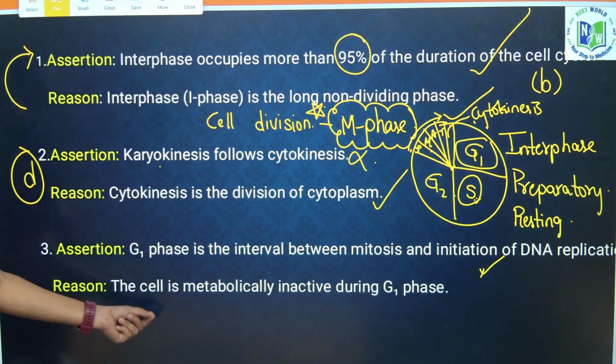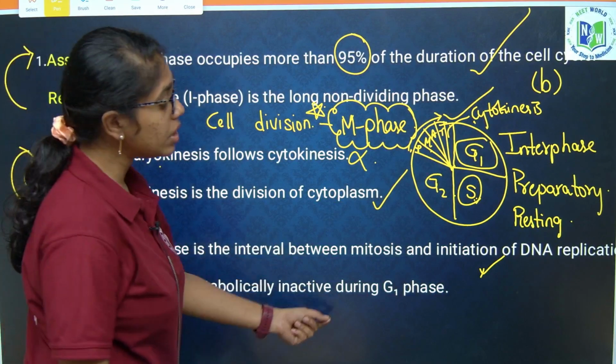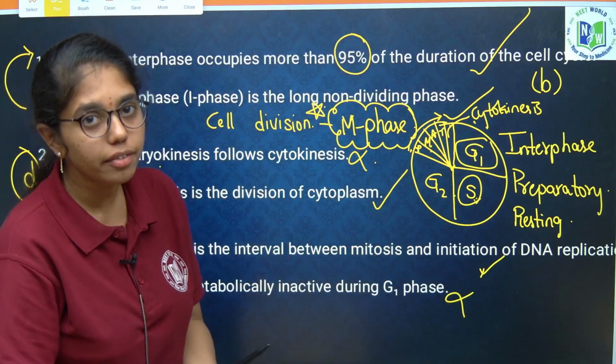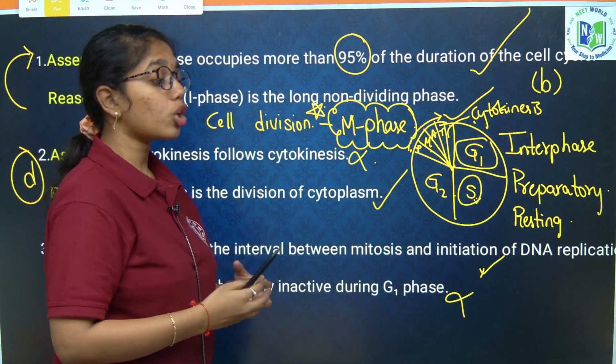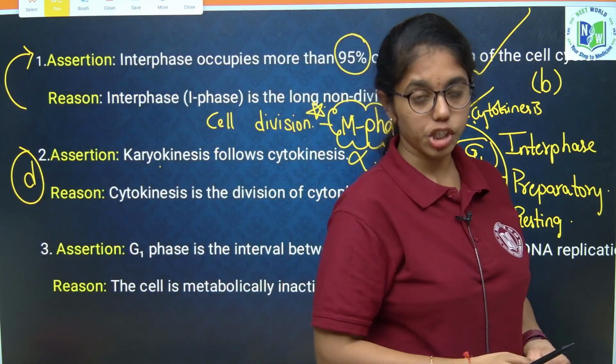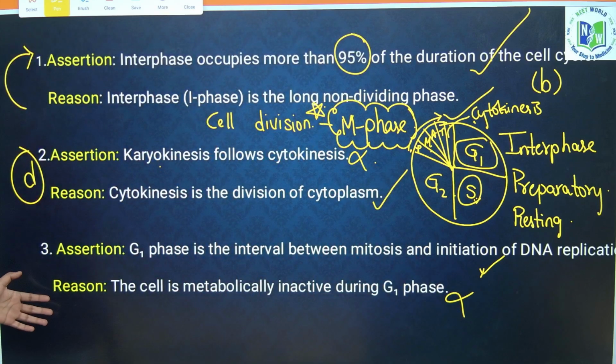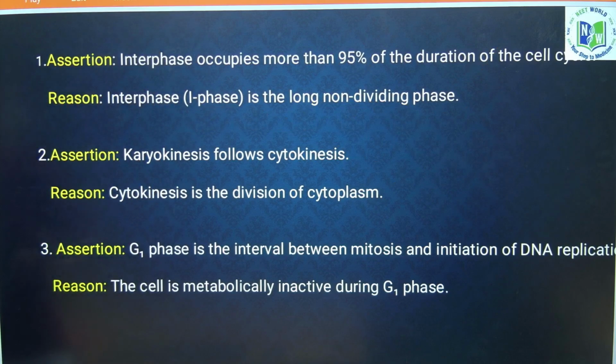Next, the cell is metabolically inactive in G1 phase. Wrong. The cell is metabolically active in G1 phase, and most of the cell organelle duplication happens in G1 phase. So in that case, when the reason is wrong and the assertion is true, our option is C. Okay.